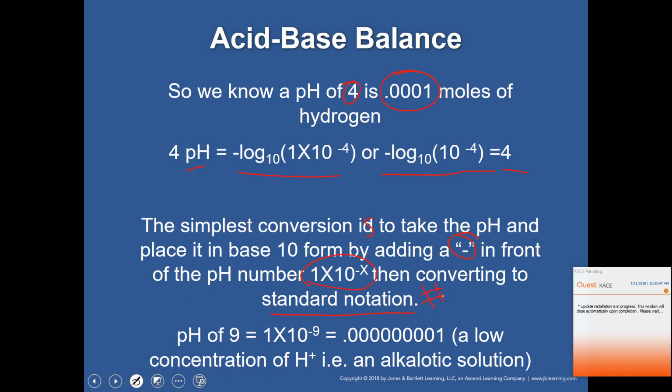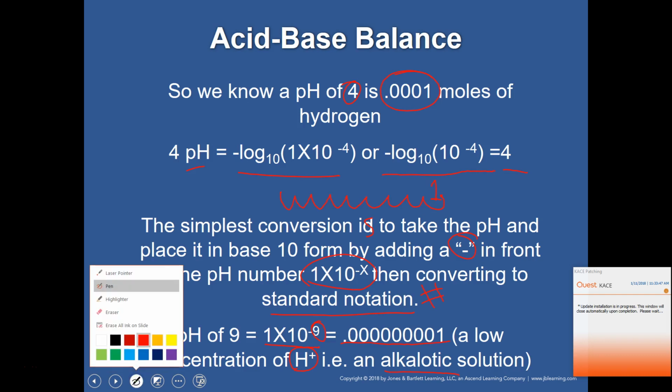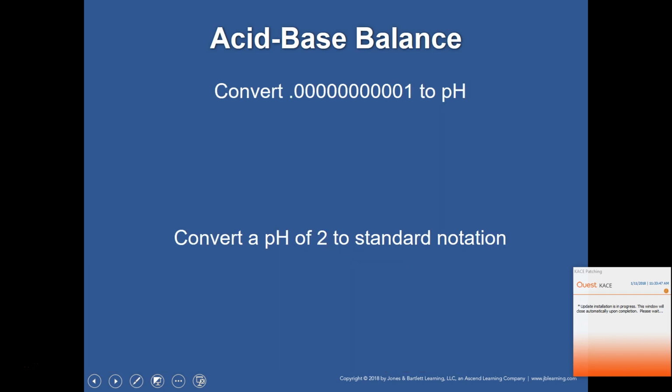So right here below that, if we got a pH of 9, we plug that 9 in here, and then we take our decimal point, we got a 1, and then we go 1, 2, 3, 4, 5, 6, 7, 8, 9, and this is what we come up with. So a pH of 9 has a low concentration of hydrogen, meaning it is an alkalotic solution, because it's such a low concentration. There's a little more to that, but I'm trying to put this in pretty simple terms.